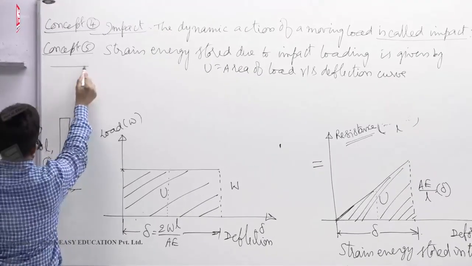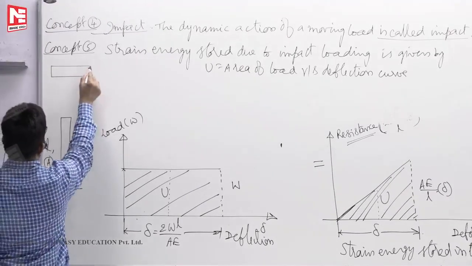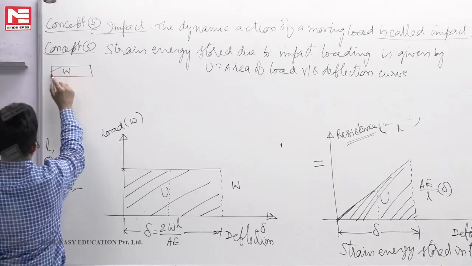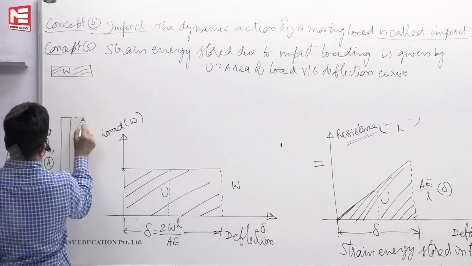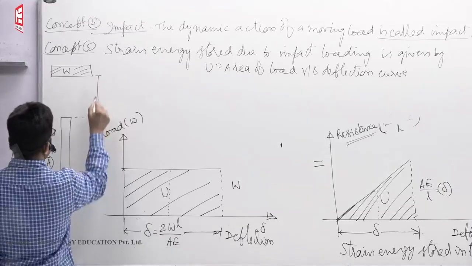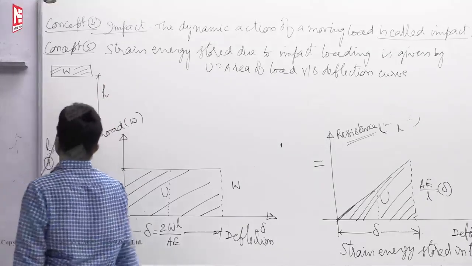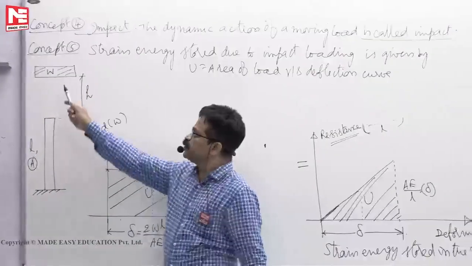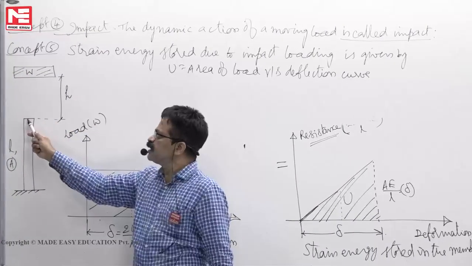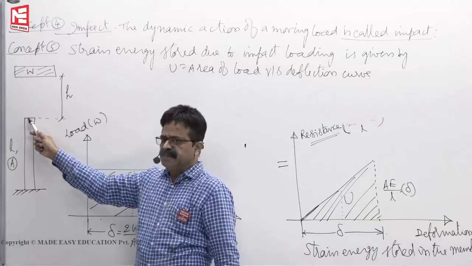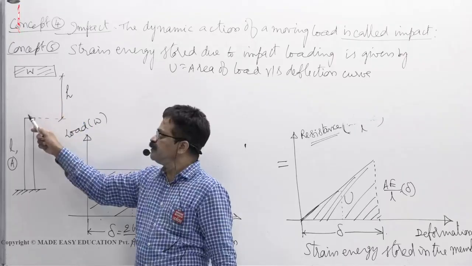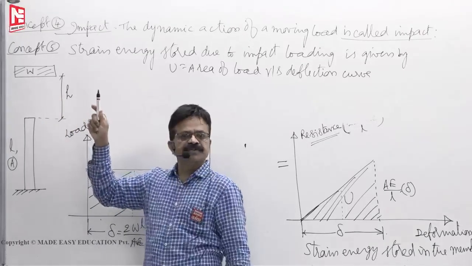Now you drop it from some height. This is a load W. This height, let us say H. Now by the time this weight comes here, from engineering mechanics you have studied that it will have a velocity of square root of 2gh.